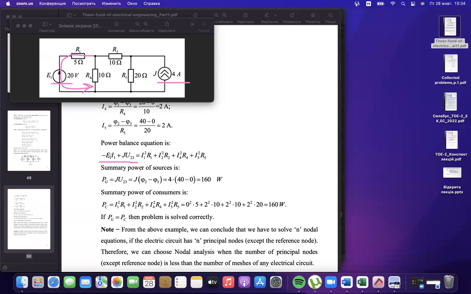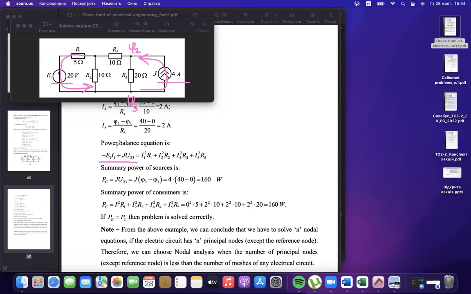That is why it is taken with minus. And the current source times the potential difference between points 2 and 3. This potential difference is positive 20 volts. That is, for the current source, it is 4 amperes times 20 volts.